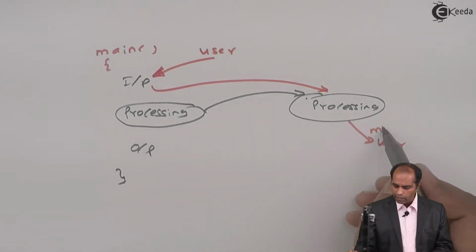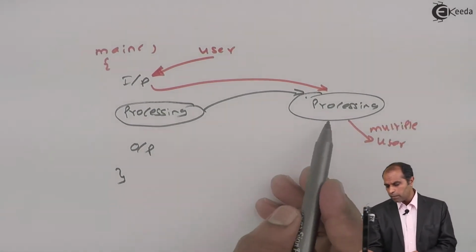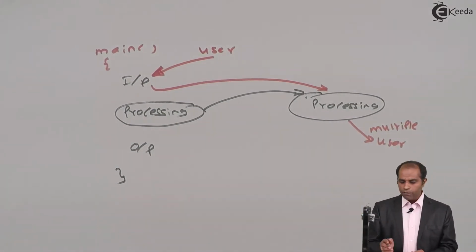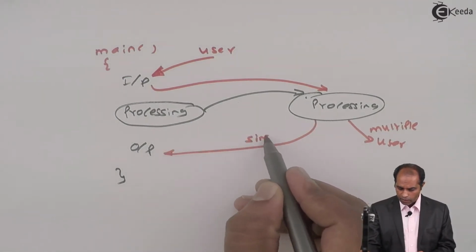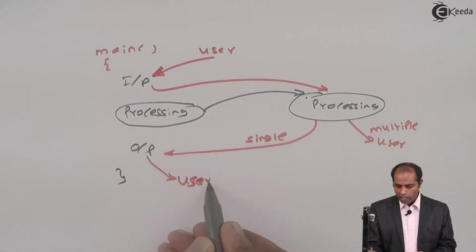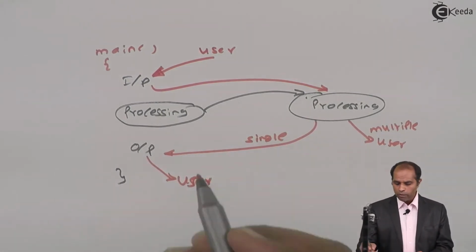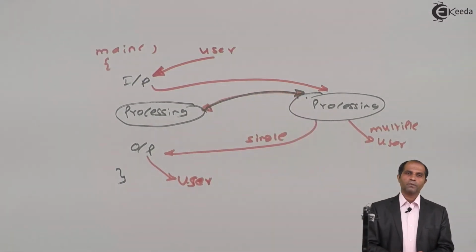That is only when the results are multiple. If the result is single, then the result is given back to main, and this output goes to the user. Follow this path carefully. The one which goes outside the main is your processing part.